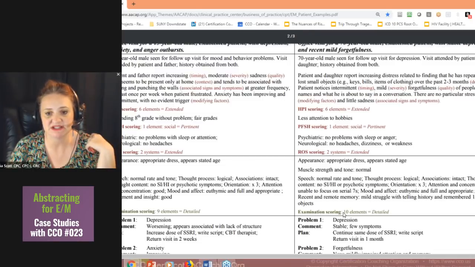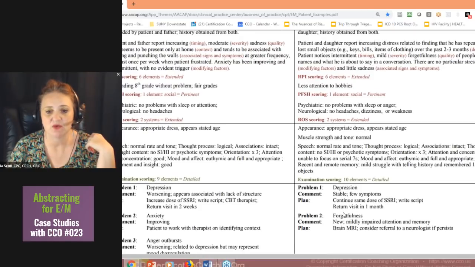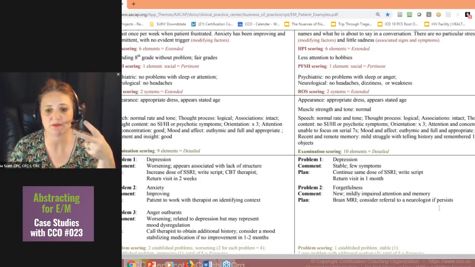We're still in the detail, but now let's go down and we see we have 2 problems, depression and forgetfulness, right? And then what are they going to do about it? Depression had for a while, but it's stable. But the forgetfulness is a new diagnosis. So what are we going to do about it?